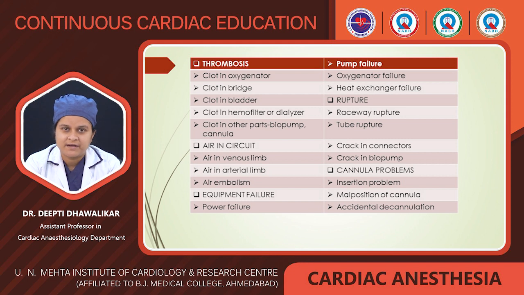Then there is equipment failure, which includes power failure, pump failure, oxygenator and heat exchanger failure. Any part of the circuit can rupture, like the raceway or tube. There could be cracks in the connector or cracks in the biopump. And lastly, the cannula related problems, like either a problem at the insertion point itself, malposition of the cannula, or accidental decannulation.